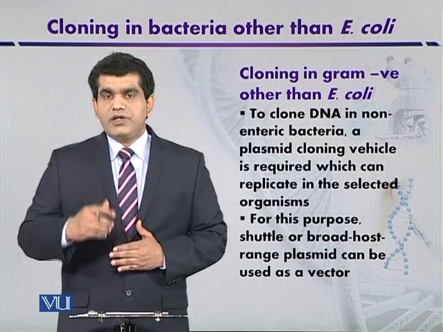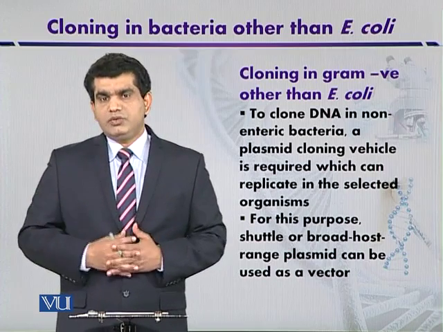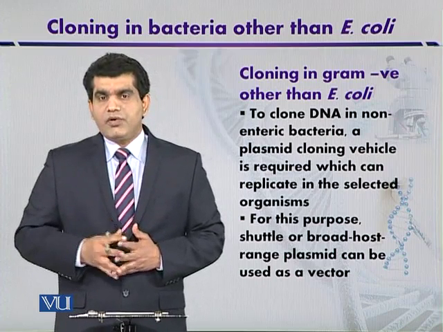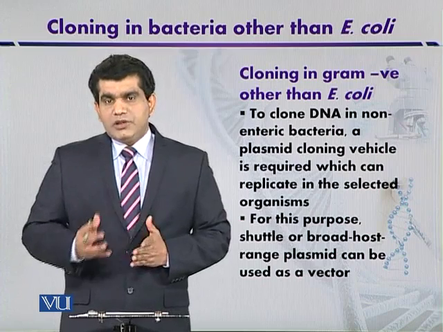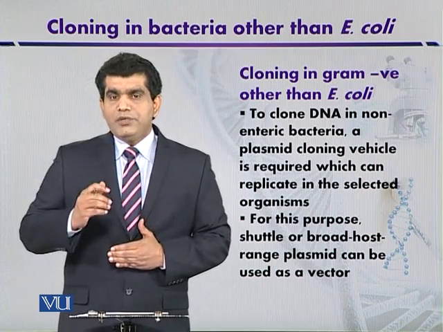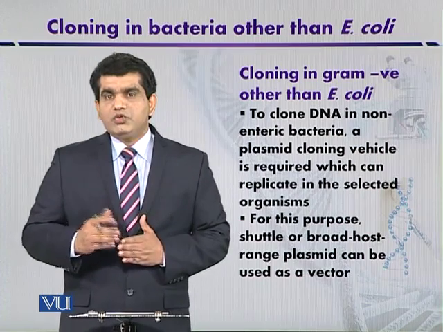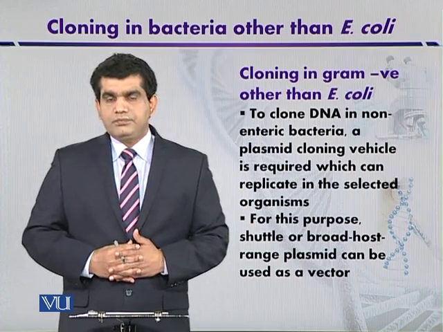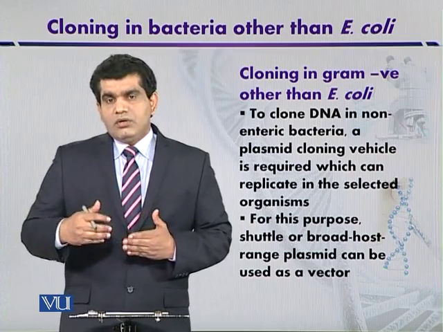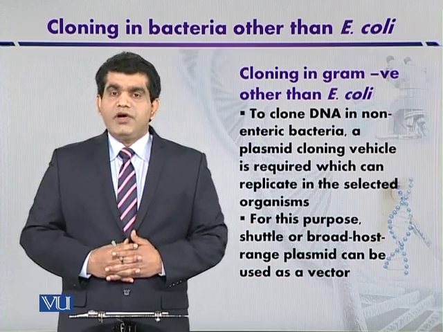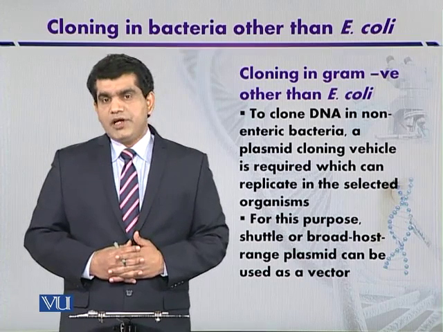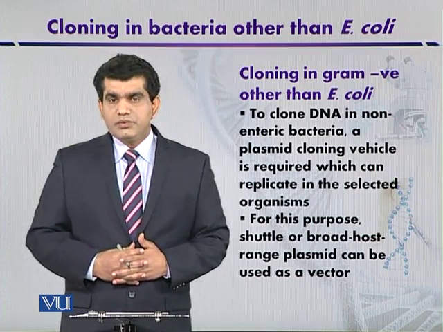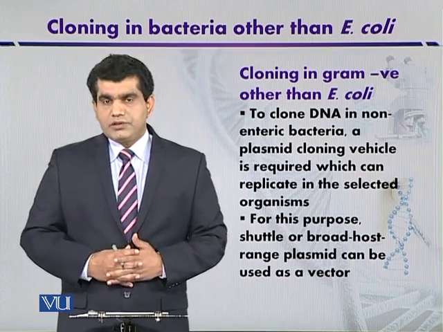So naturally, a variety of microbes, up to 40 genera, have the ability to naturally uptake foreign DNA. And sometimes we have to develop competency, that is the ability to uptake the foreign DNA in the host organism. Now, at the end we can say what type of gram-negative microbes other than E. coli can be used for cloning.